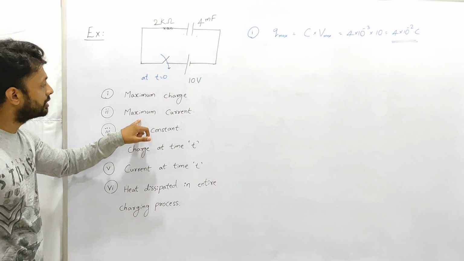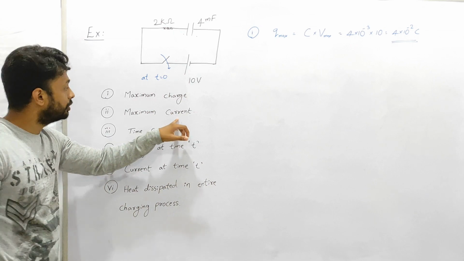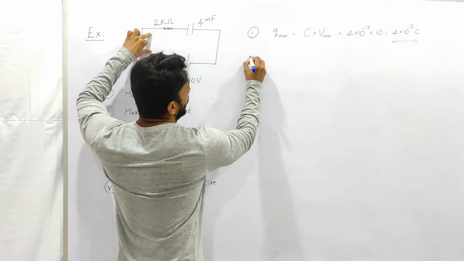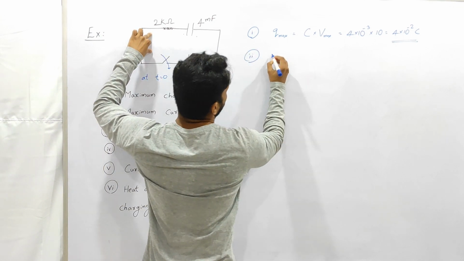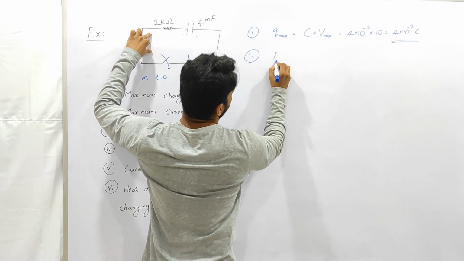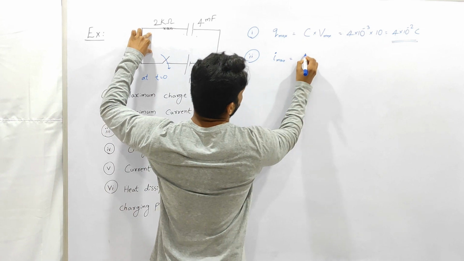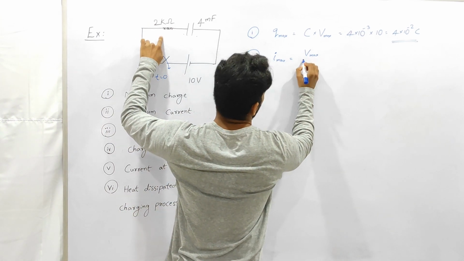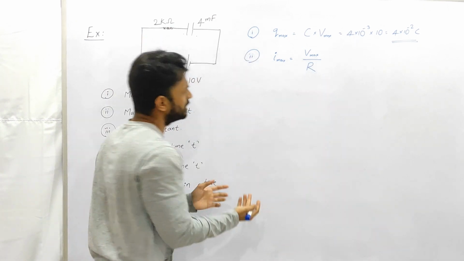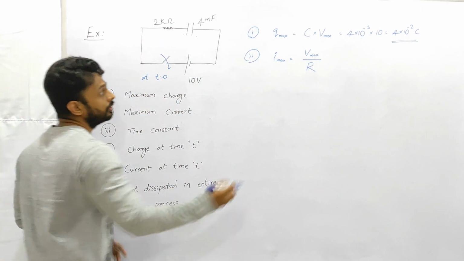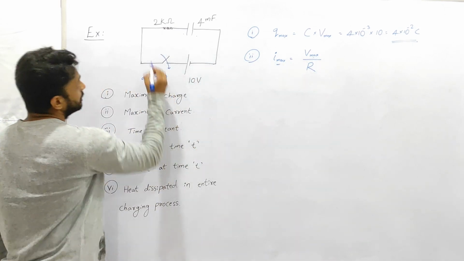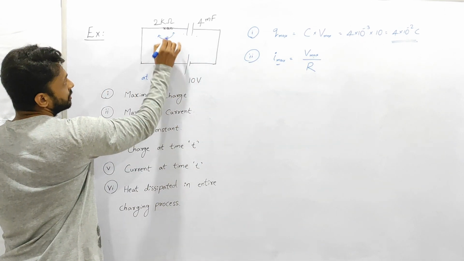That is the maximum charge that can be attained on this capacitor. Coming to the next one, what is the maximum current? When do I have the maximum current here? Basically in the initial stage. So the maximum current can be written as V max across the resistor divided by the resistance, basically using V equals IR. The current is maximum in the circuit when the potential difference across the resistor is maximum.